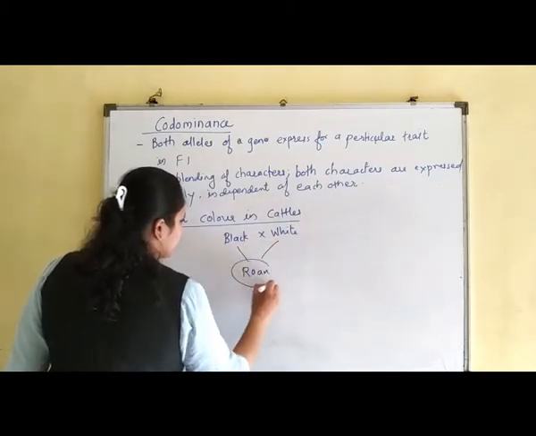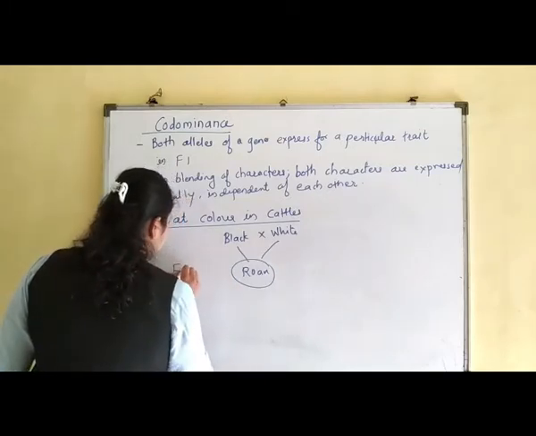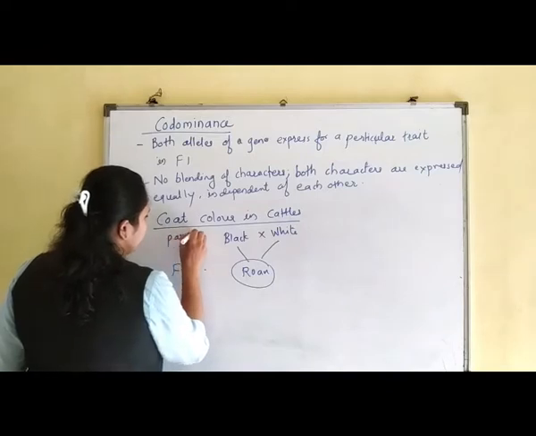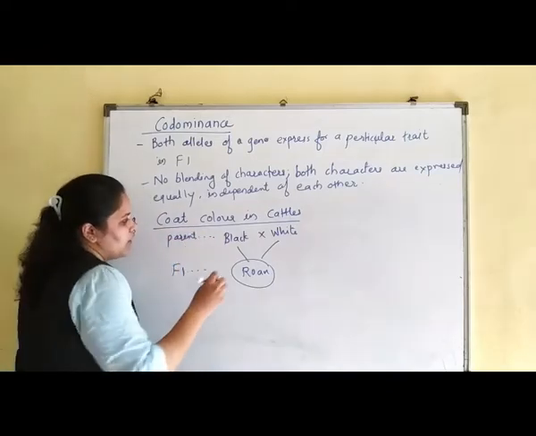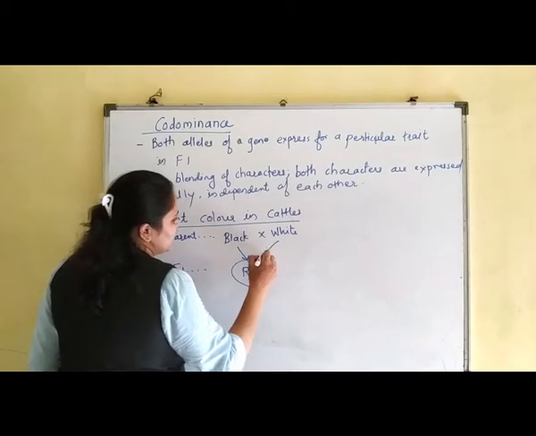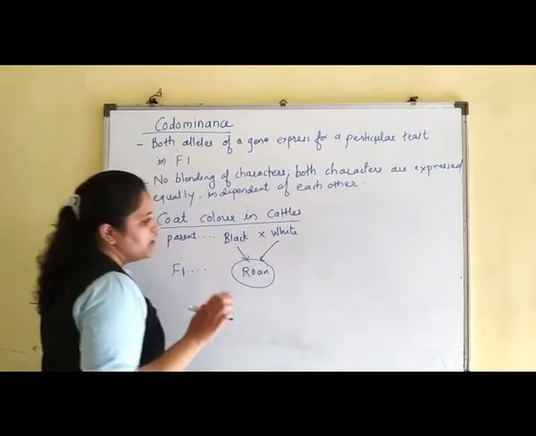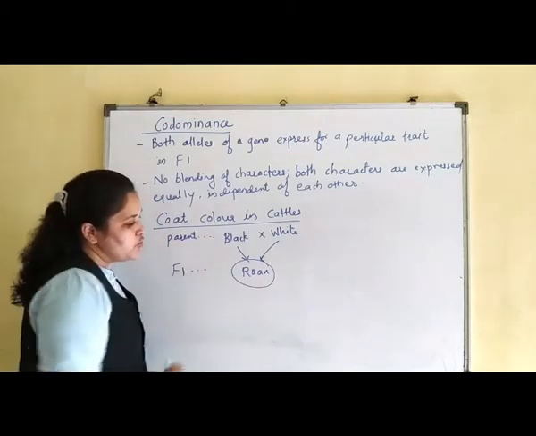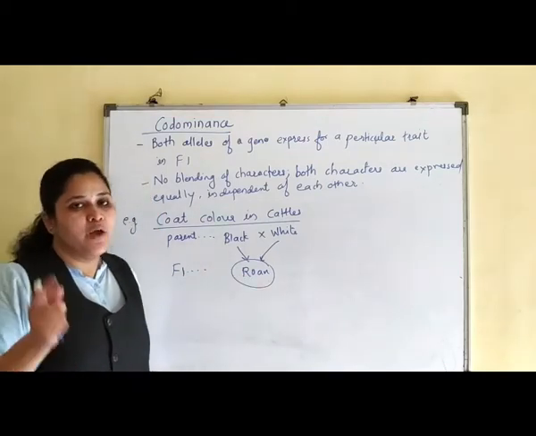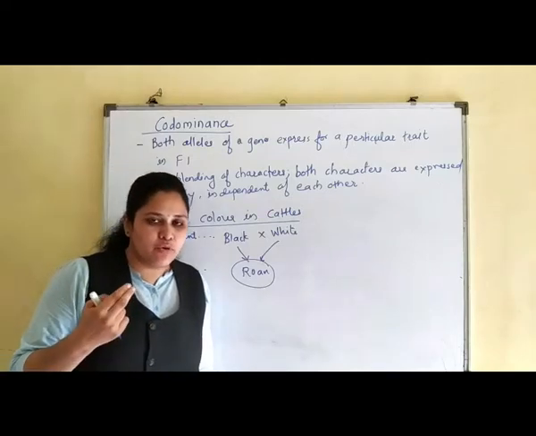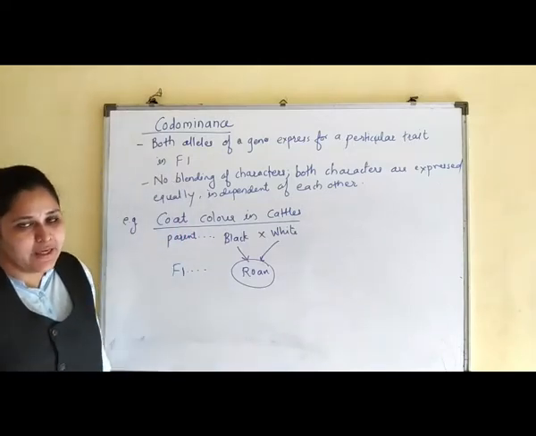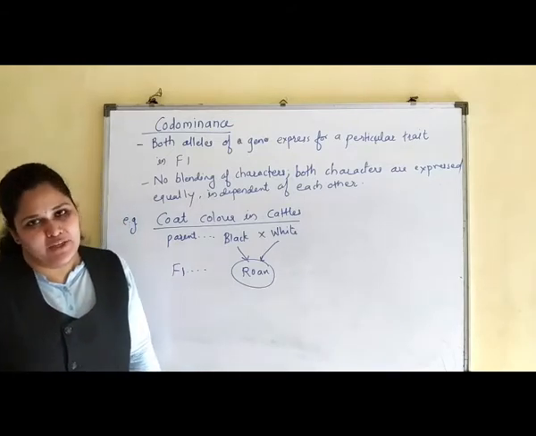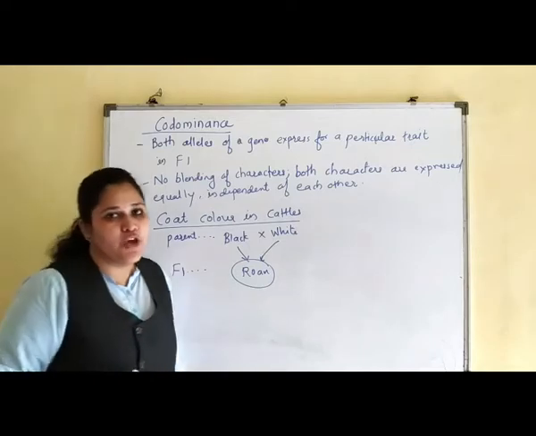Roan means there are patches of black color as well as white color. So both the genes are equally dominant. Whenever this individual receives each gene, both the alleles express independently and form patches of black coloration as well as white coloration. This coloration is known as roan coloration.